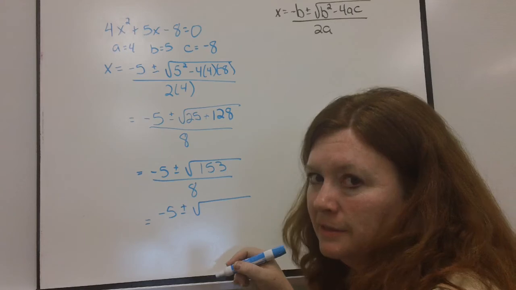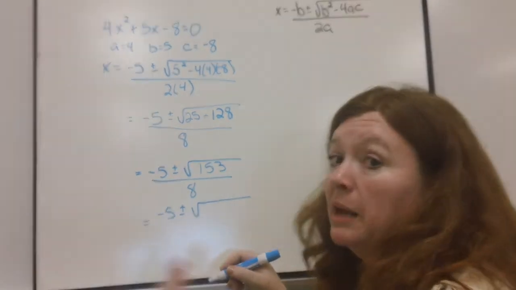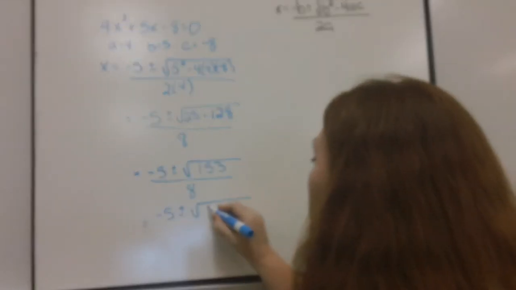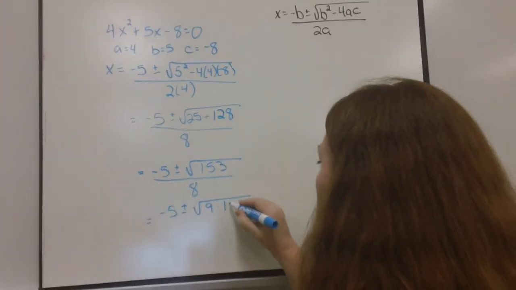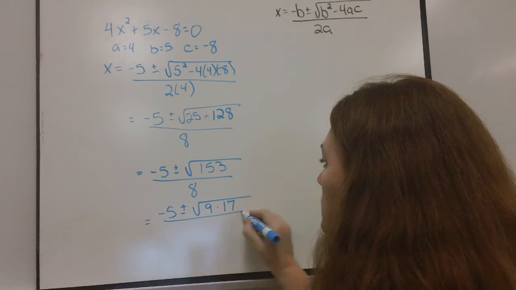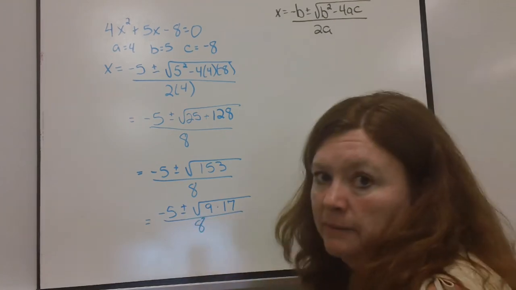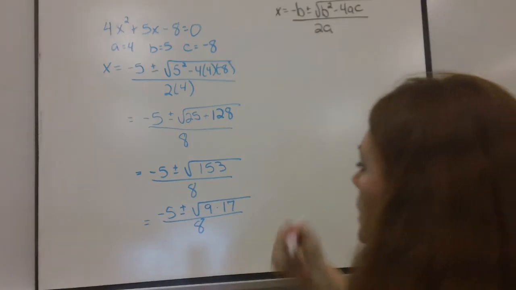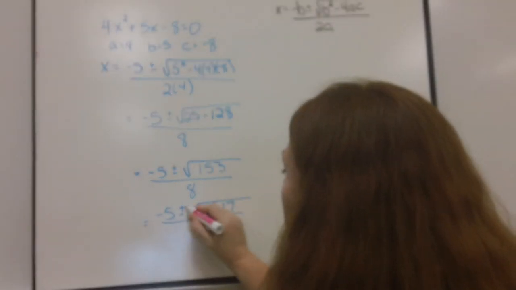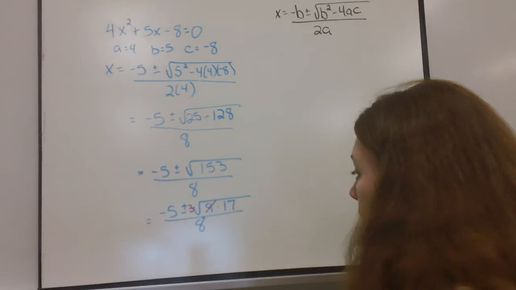There's little tricks to help me figure that out, which will be another video. 9 times 17 gives me 153. And 9 is 3 times 3. So I can cross that off and write a 3 on the outside.